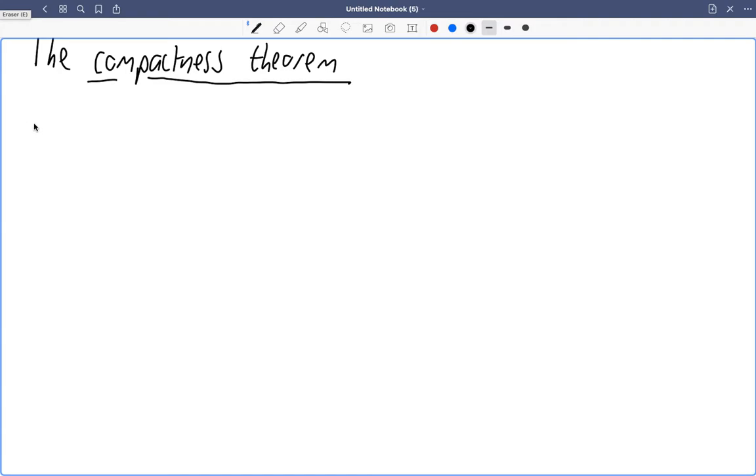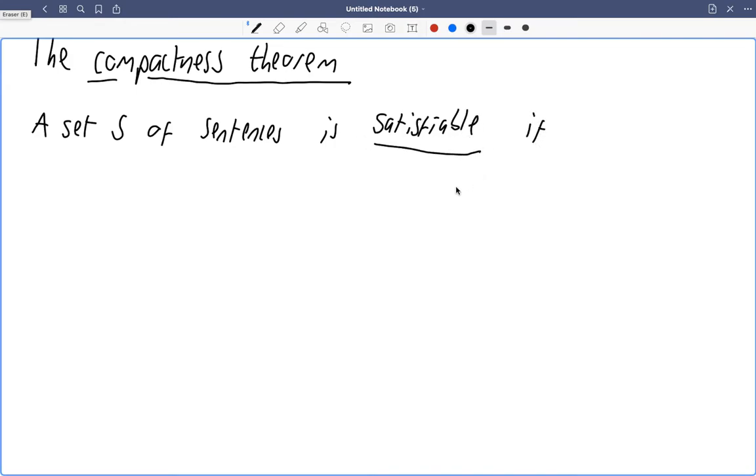So we say that a set S of sentences is satisfiable in some predicate logic signature if there exists a structure that satisfies all the sentences in S. So if there exists a structure M for the signature such that for all sentences phi in S, the structure satisfies those sentences phi.